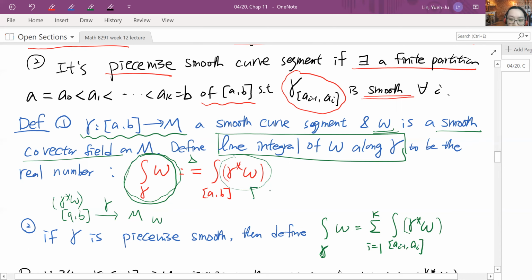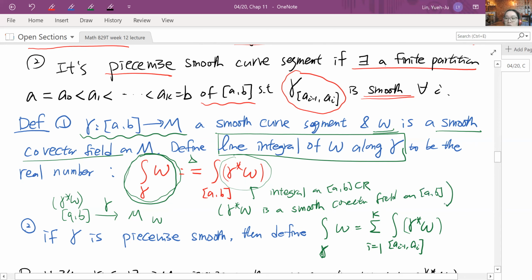So this is an integral on R, right? Essentially this gamma star omega is a smooth covector field on [a,b], and we already know how to define that.